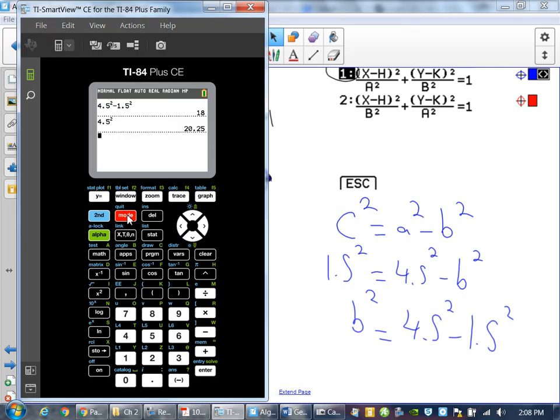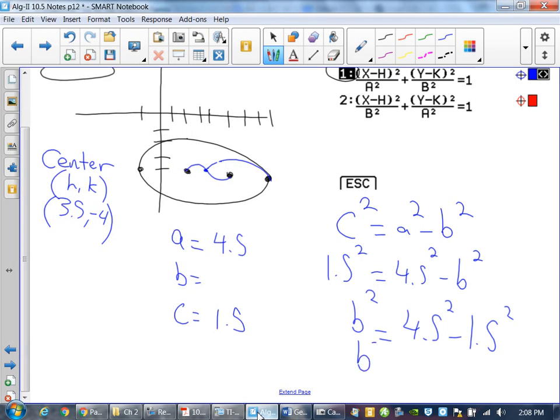Convenient. I've done this problem already today. So b squared is 18, and a squared, I believe, was 20.25. Just put it all together.